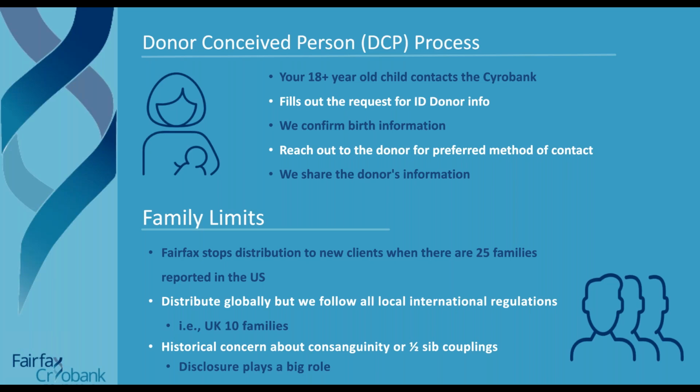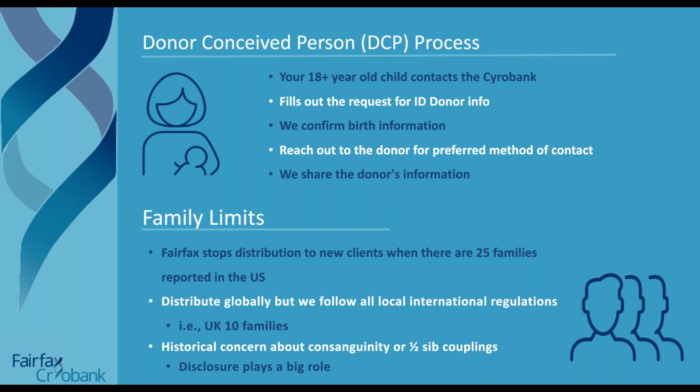We also distribute globally, but we follow all the local international regulations. For example, in the UK, instead of 25 families, they're strict with 10 families. So it's very important to report your pregnancies and births. There is historical concern about consanguinity and half-sibling couples.